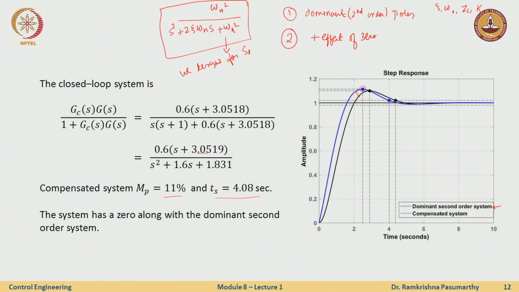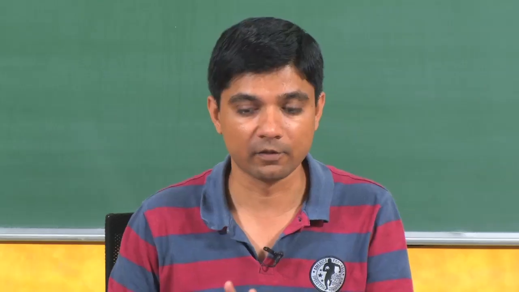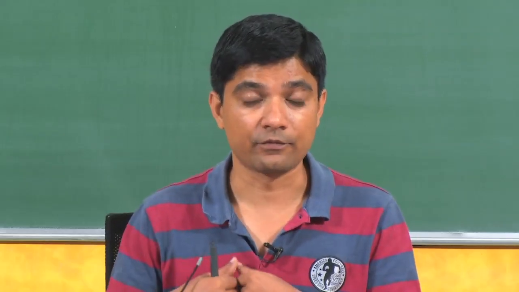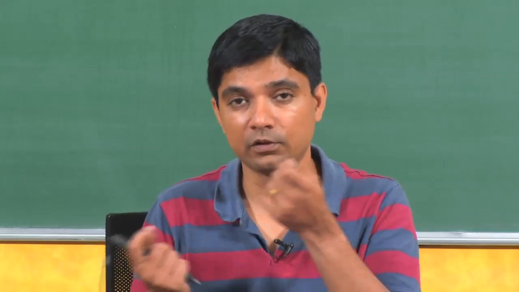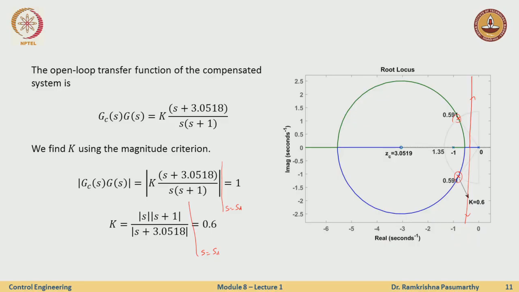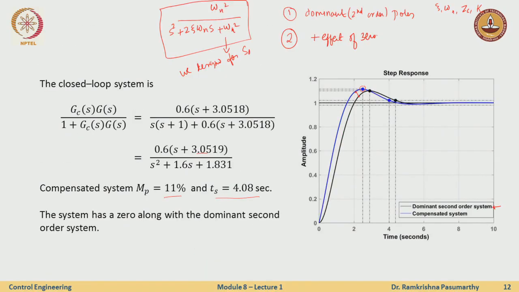So this is still not a constructive procedure to design a lead compensator. This is just following the steps of what we had learnt earlier: if I want my transient performance to improve, I need to pull the root locus to the left. I can pull the root locus to the left by just adding a 0. Where I add the 0 is given by the angle criterion and the magnitude criterion.